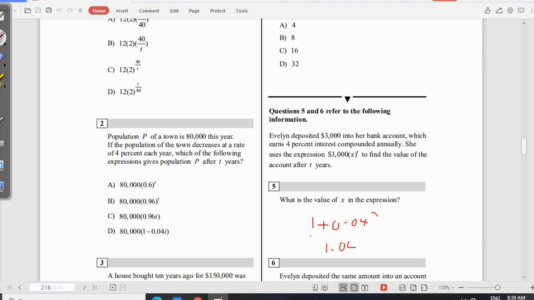That's quite simple and very straightforward. From what we have been doing, you have to do P times 1 plus r raised to power t. This is your compound interest formula. All right, let's go to the next one. Remember your percentage there is in decimal.